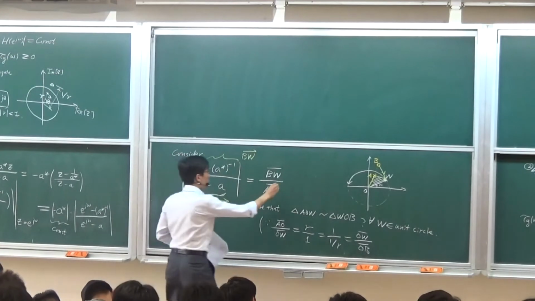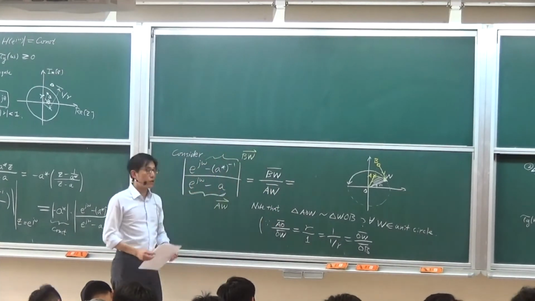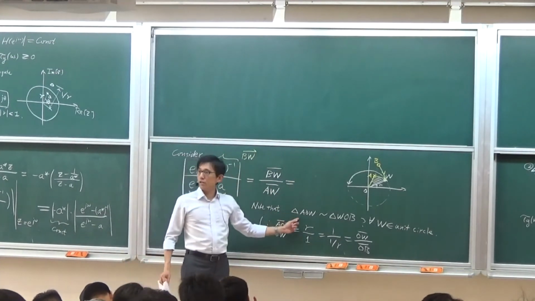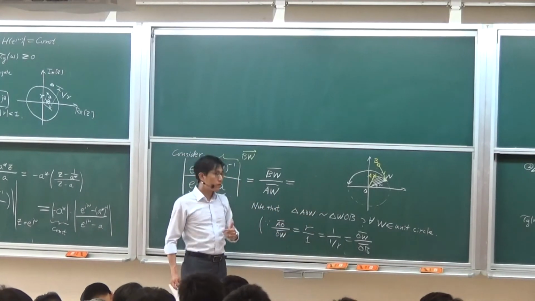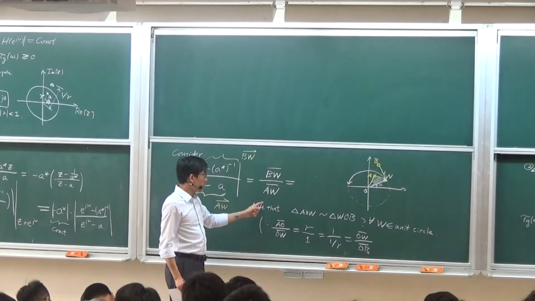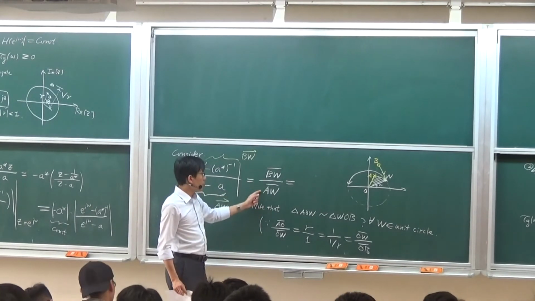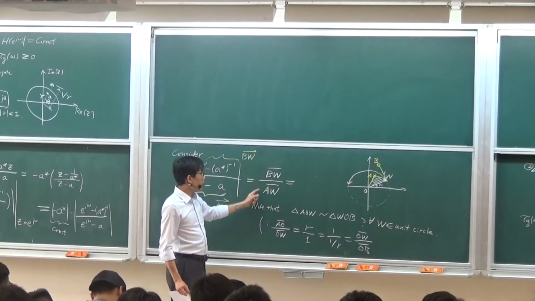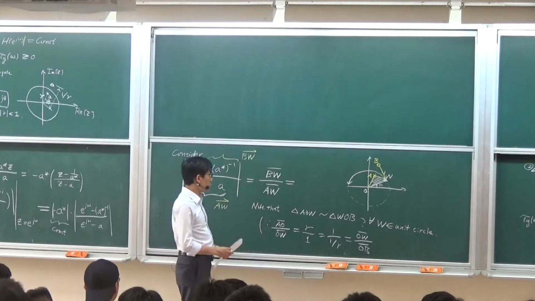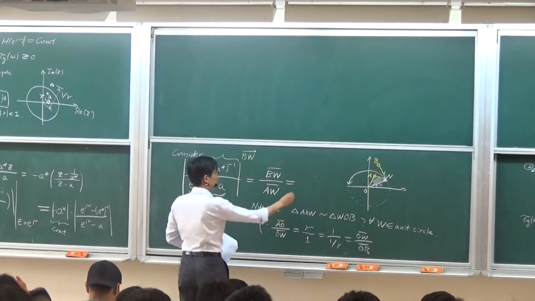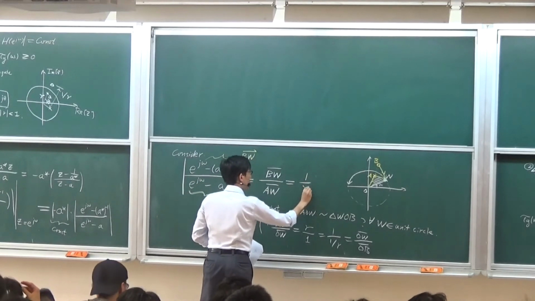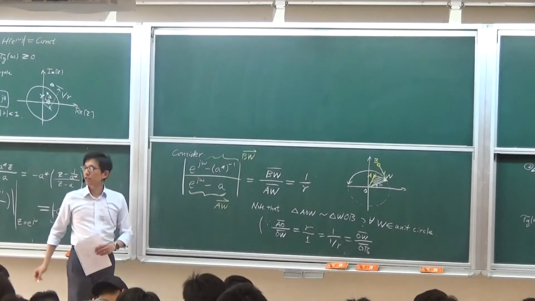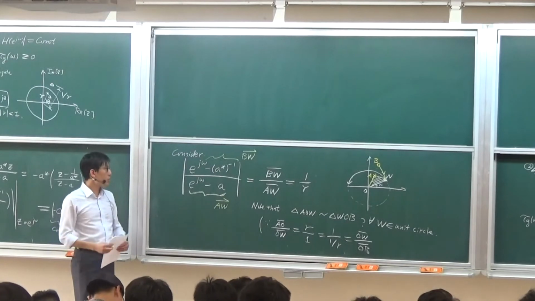So to complete the job, if you're convinced that we have two similar triangles, then we know that for the two similar triangles, the ratio BW divided by AW is exactly 1 over R, which is a constant and does not depend on omega.